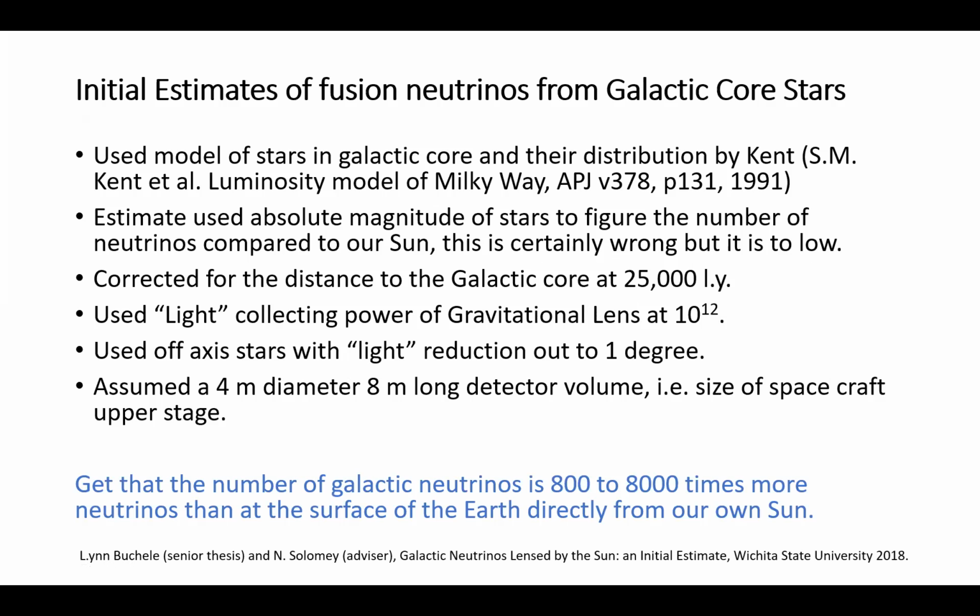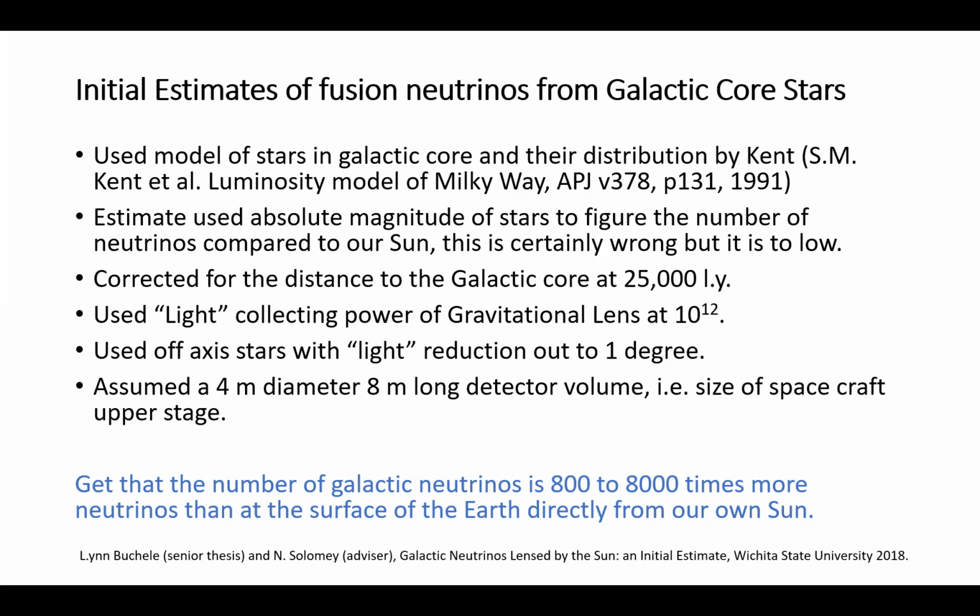We've done some initial estimates of fusion neutrinos from the galactic core. We used the model of stars in the galactic core and their distributions by Kent in APJ volume 378, called Luminosity Model of Milky Way, from 1991. We also used the absolute magnitude of stars to figure the number of neutrinos compared to our sun.